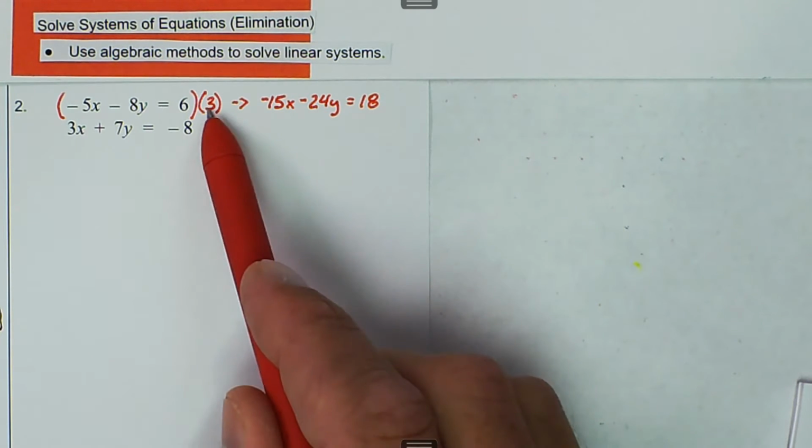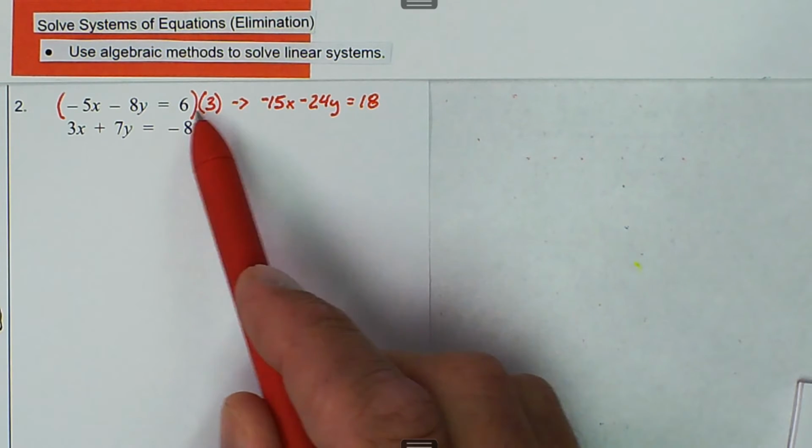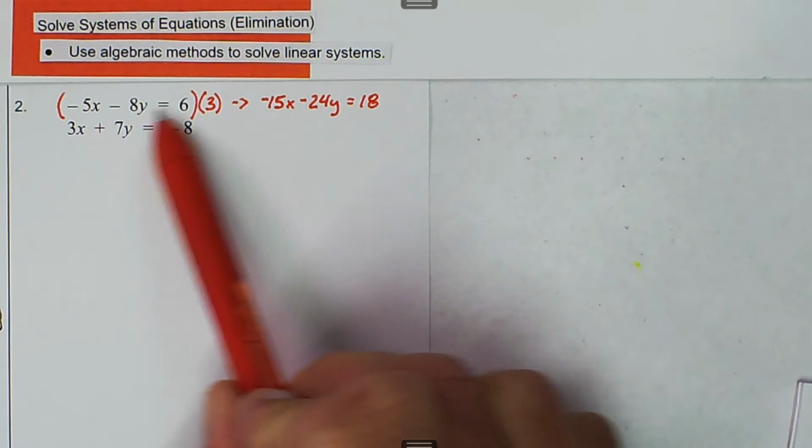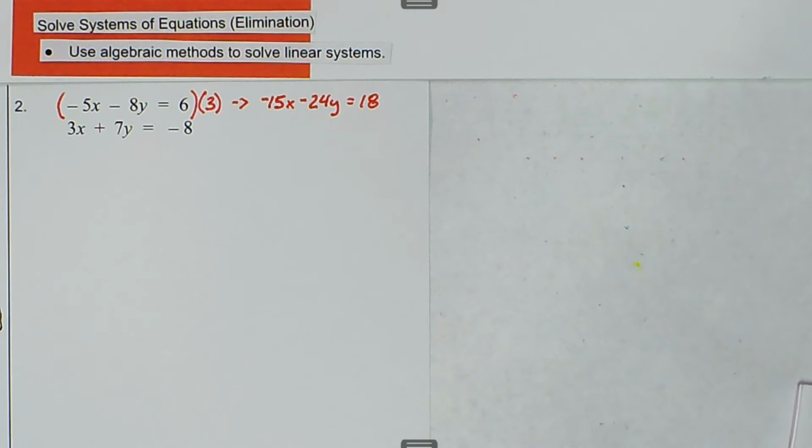A lot of the times we forget to multiply the solution side of the equation, and we mess up that way.